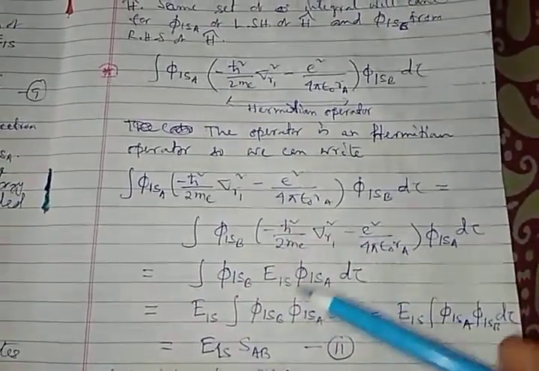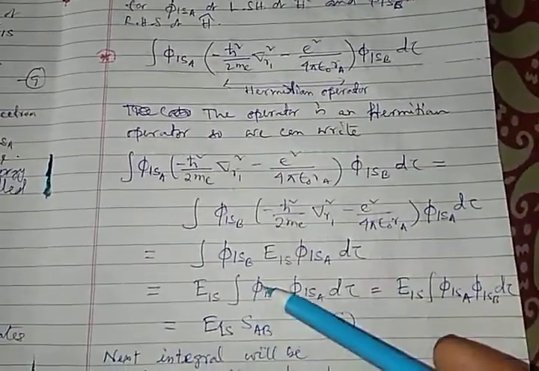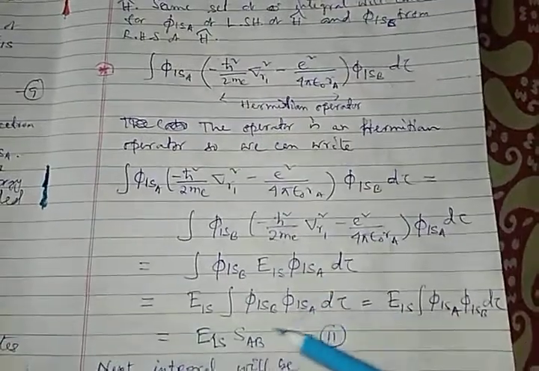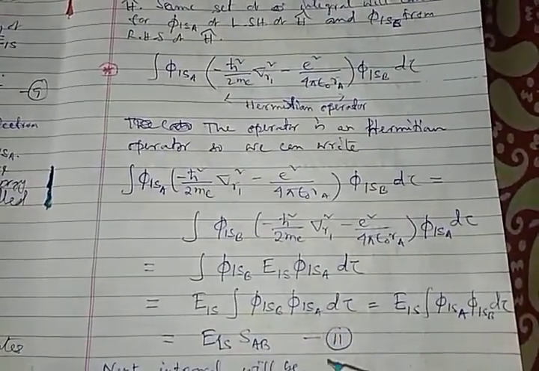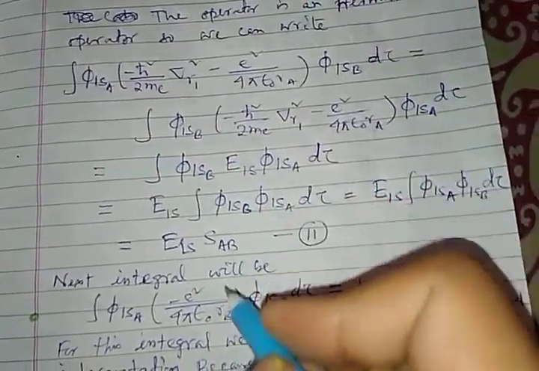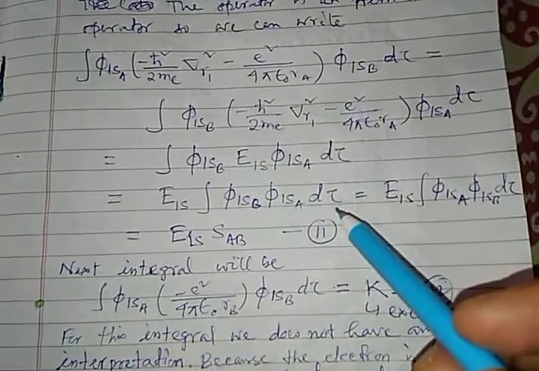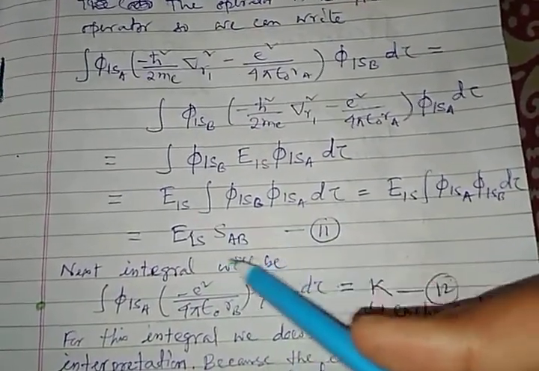So this E1s will be outside, and then I have an integral which is similar to the overlap integral, and this overlap integral is SAB.